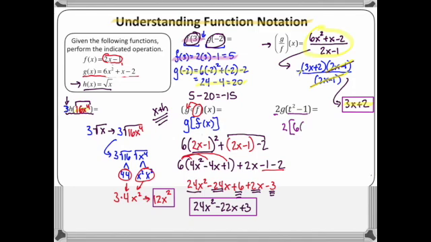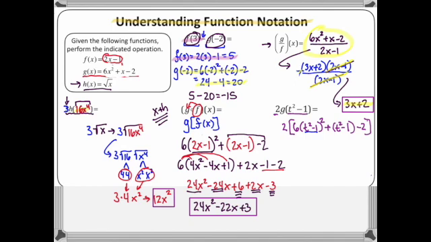And so I'm going to then start loading in the t squared minus 1 for x. So I get 6 times t squared minus 1 and then squared, plus t squared minus 1, and then minus 2. All right, so what we can do is start cleaning things up, and I'm going to go after this first, okay?